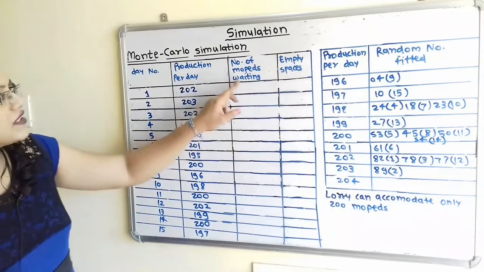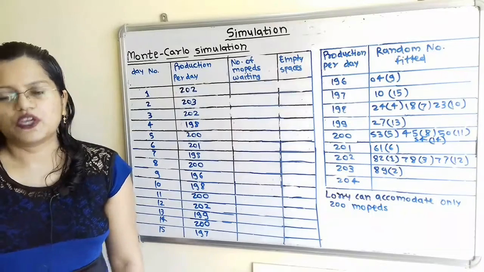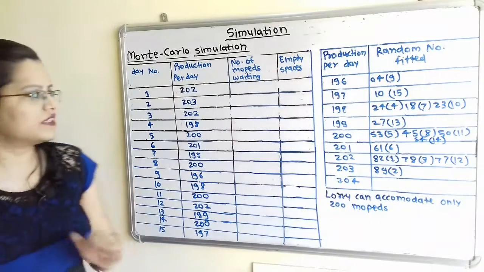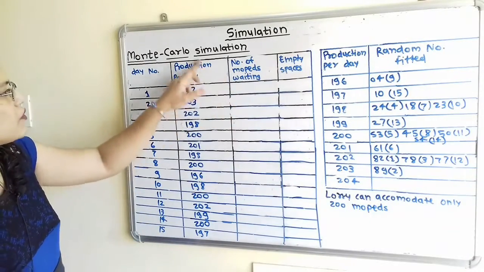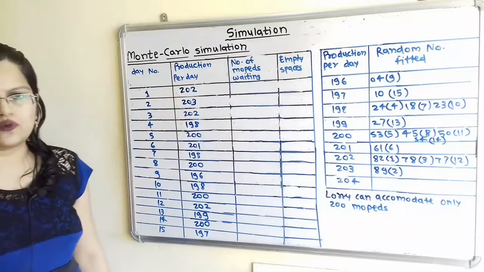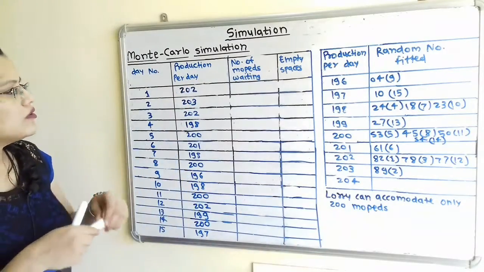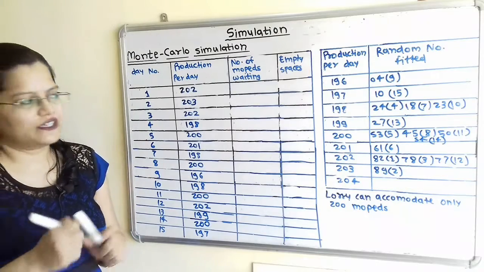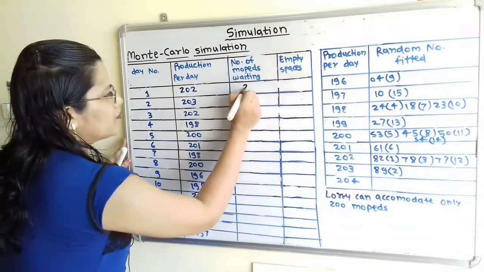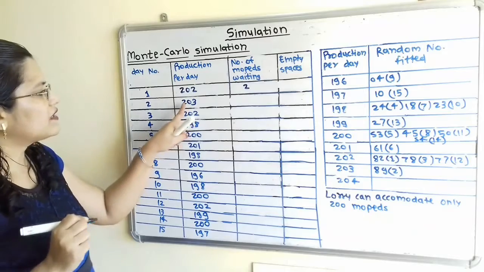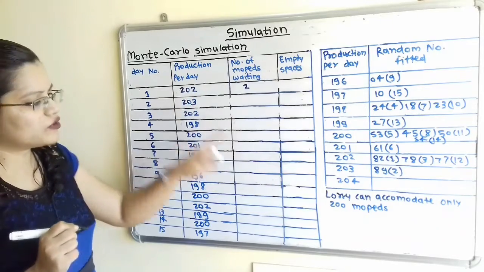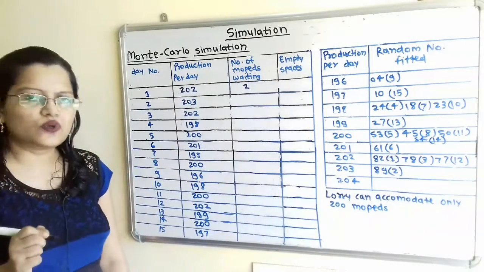Now we will find the number of mopeds waiting. So what is happening on the first day? For the first day, production is 202 and lorry capacity is 200. That means 2 mopeds are waiting. So I will write here 2. Then for the second day, production is 203 and lorry capacity is 200.